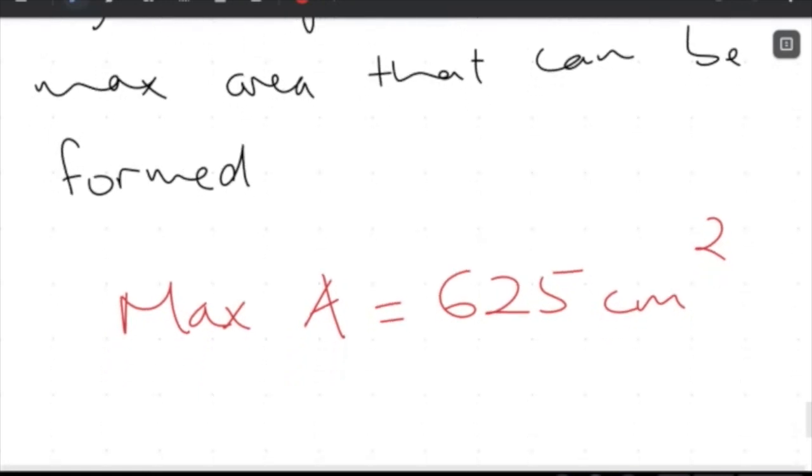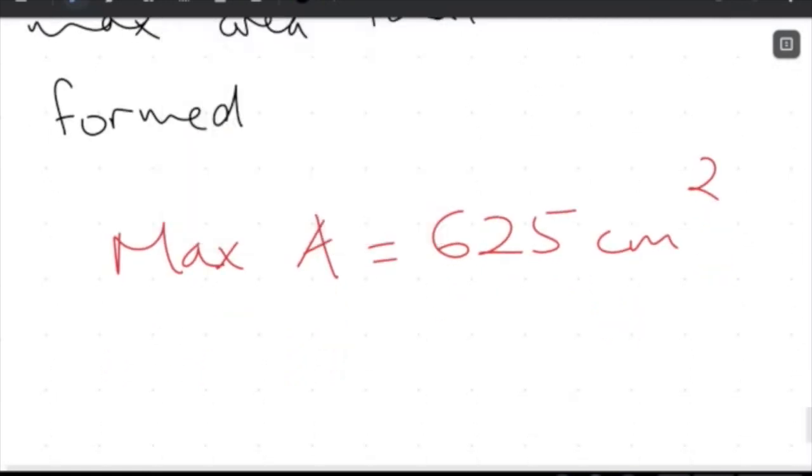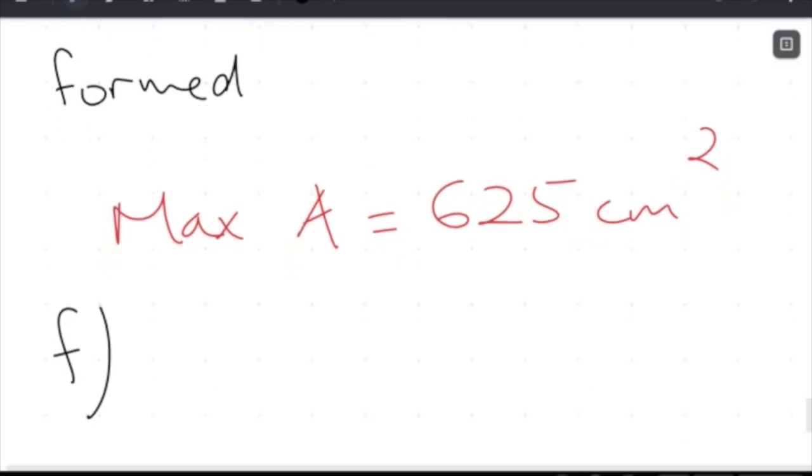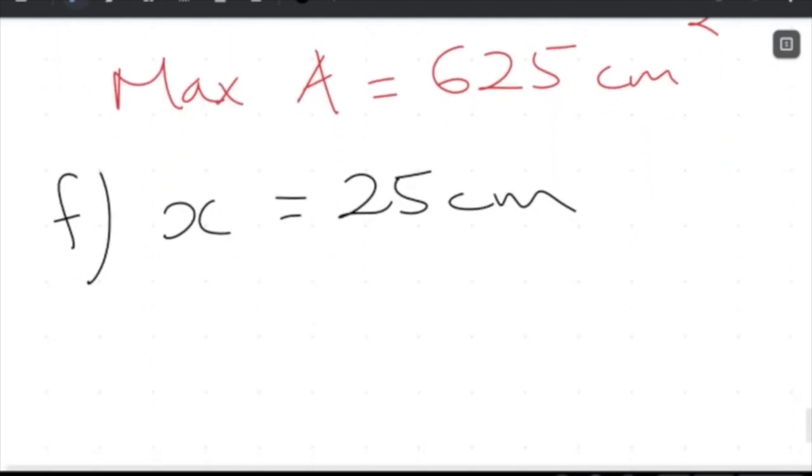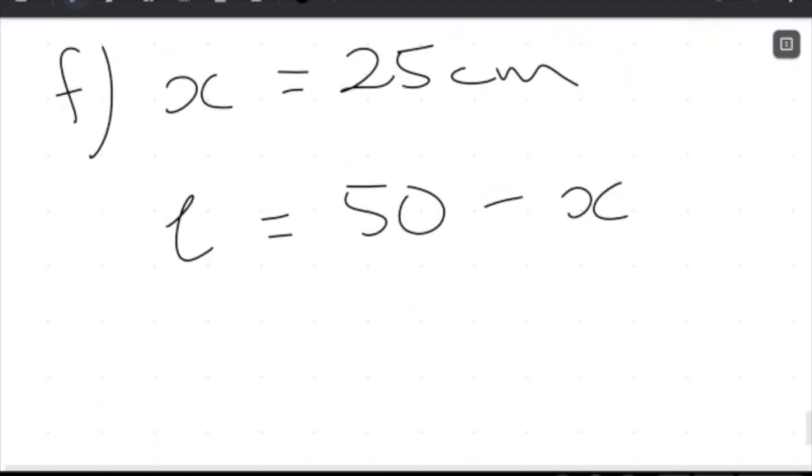And finally, in part F, we want to find what will be the dimensions of the rectangle to achieve this maximum area. Okay, so we had the dimension of x being 25 centimeters. We already knew that. And the length, L, is going to be 50 minus x. So we're kind of double handling.